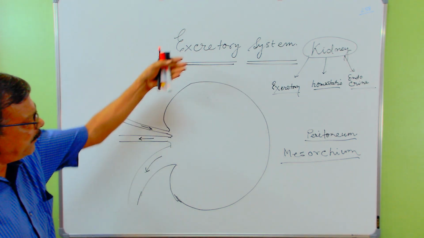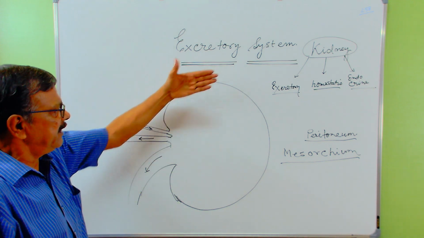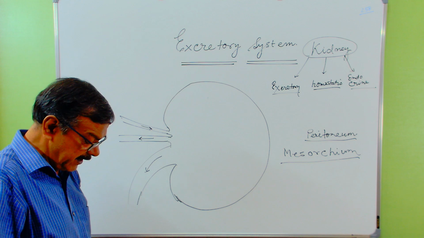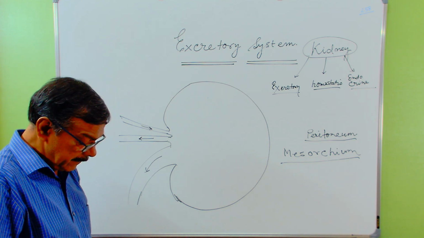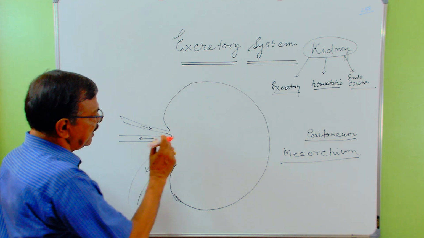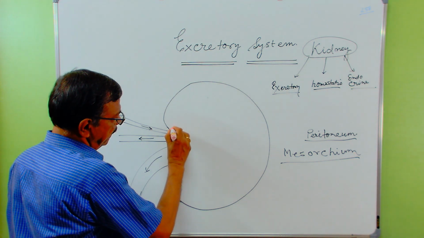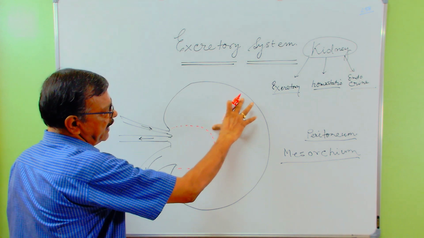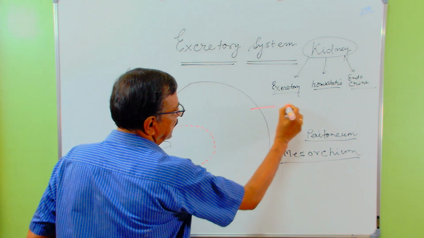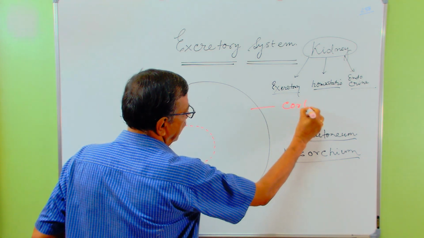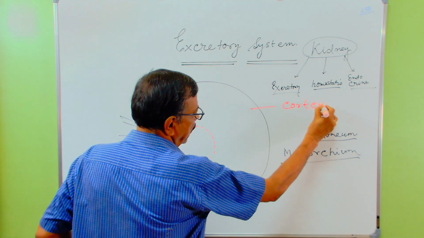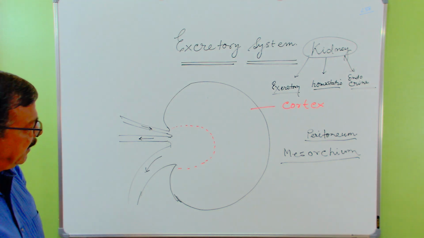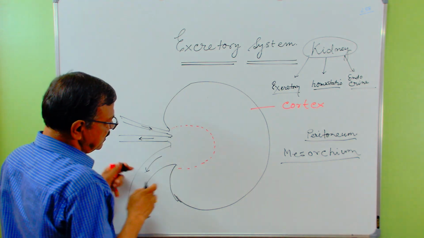Now, if we section the kidney, cut the kidney from this side, we'll see a deep brown color. This place is known as cortex, and this place is known as medulla.